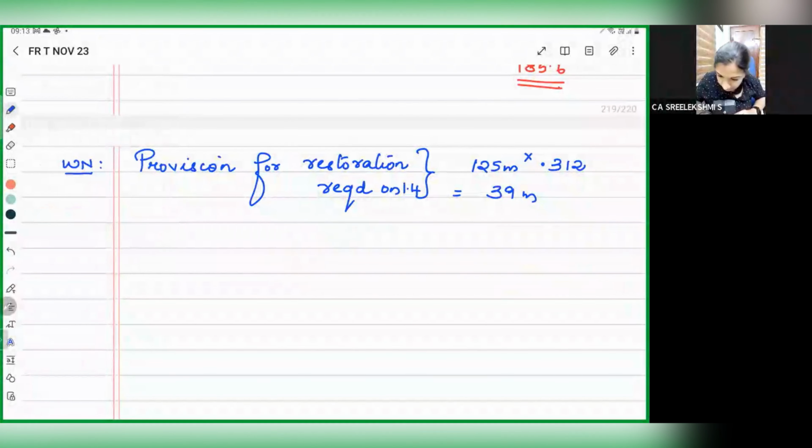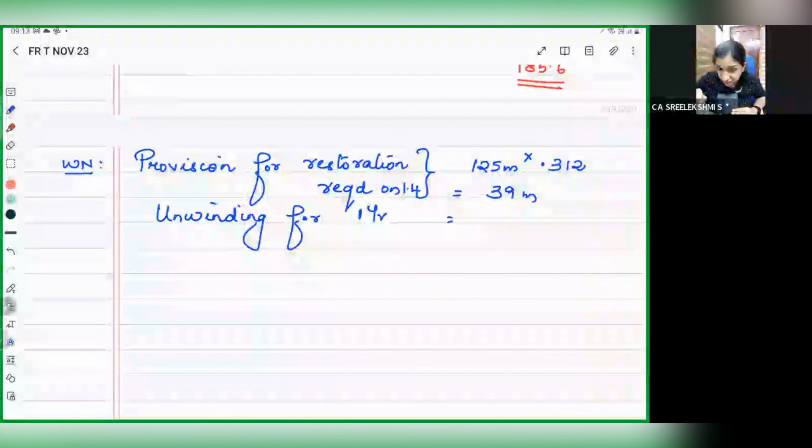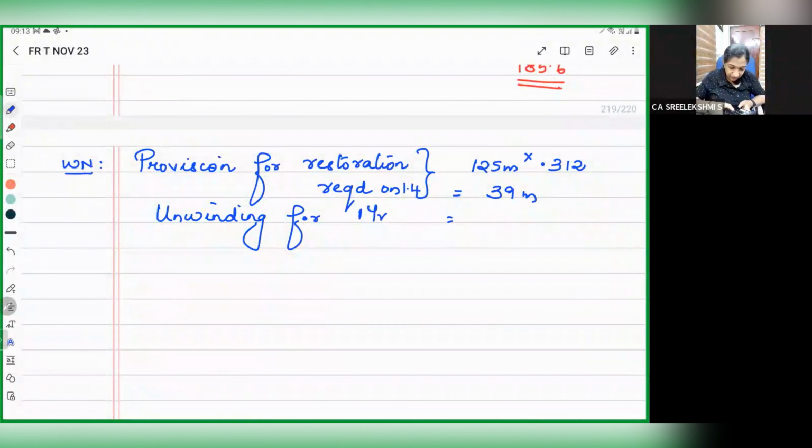അപ്പോ 39 അത് 1st April ആണ്. Unwinding for 1 year, കാരണം ഇത് 1st April 2013 ആണ്. Now I am standing on 31st March 14. So 39 million plus 6%, 2.34 million.